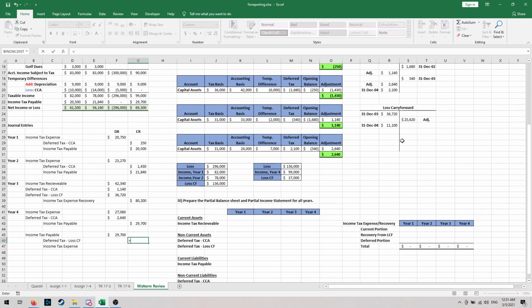So that's essentially what this is going to be worth. Now, our income tax expense is a plug. It's simply equal to our debits minus our credits so that we can balance. And we're going to get an income tax expense of $4,080. And those are all our journal entries done. That's what we're being asked there.